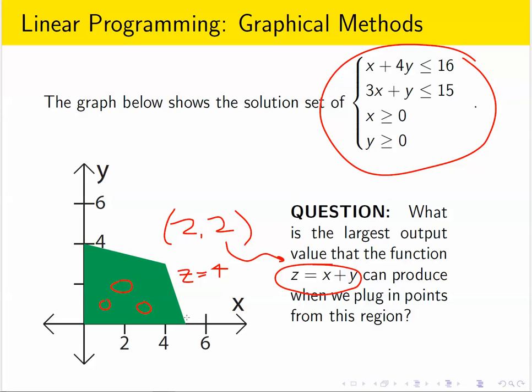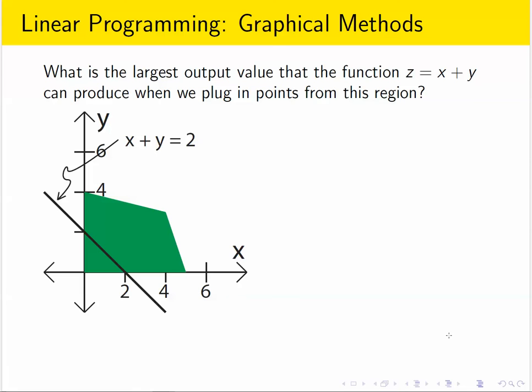So there are lots of points in this region, and different values would give me different outputs for z. Like if I plugged in (1, 1), my output for z there would be 2. So what if I want to know what's the largest output I could possibly get?